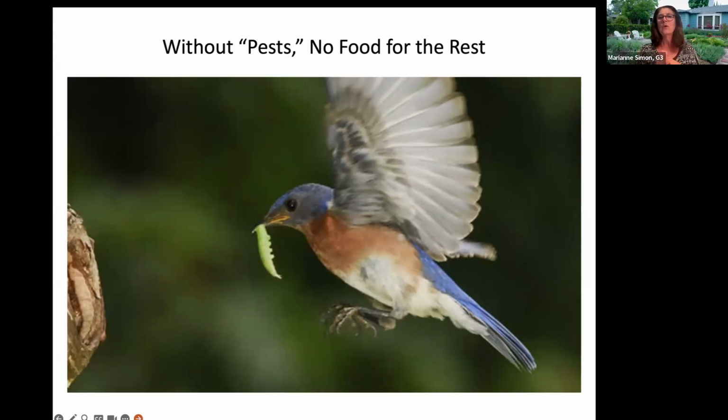They have a role in the balance of things. If we wipe out everything, if we get rid of all the aphids, then what are the other animals going to eat? So remember, if you have an infestation, that's one thing, but a few of them for the birds to eat, for the spiders to eat, they are needed.